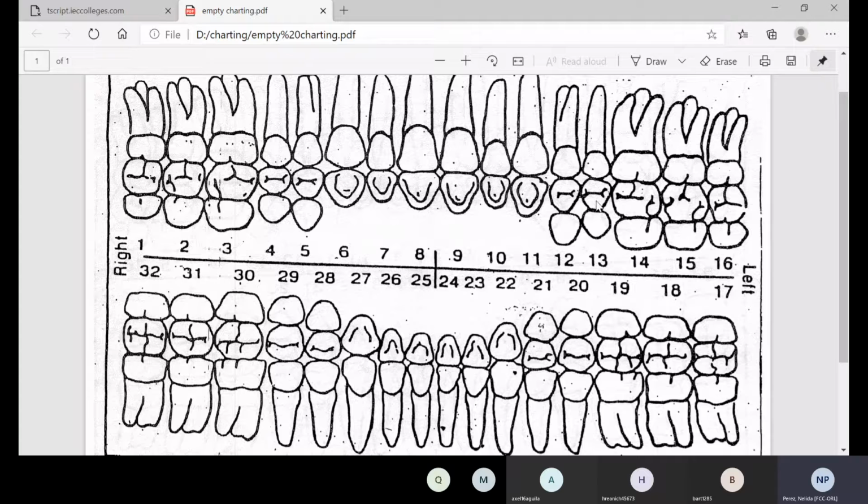The top arch is called maxillary, the bottom arch is called mandibular, and each quad is called upper right quadrant, upper left quadrant, lower left quadrant, and lower right quadrant. So there's two arches, four quadrants, and 32 teeth in the mouth. So far, does anybody have any questions?